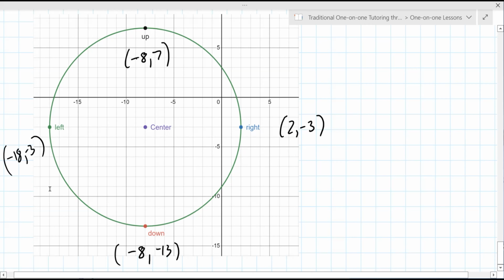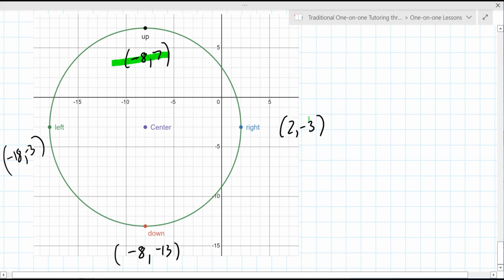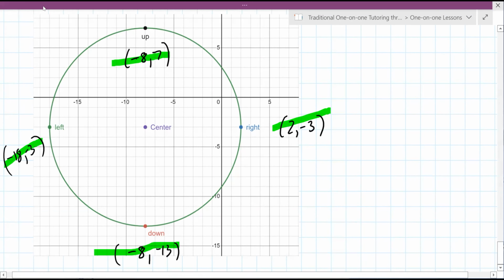So if you look back at the instructions where it says you need 2 points, basically they're just saying, give me 2 of these 4 points. You have to write those down. Okay. Should I write this down? Yes.